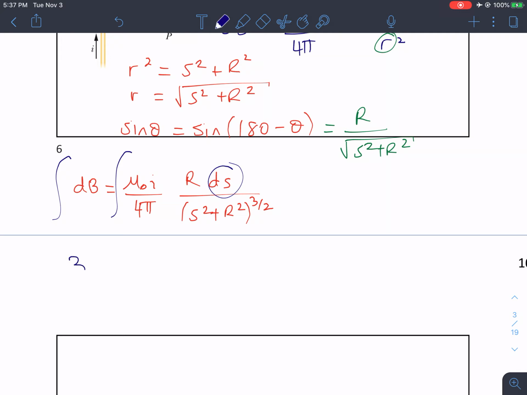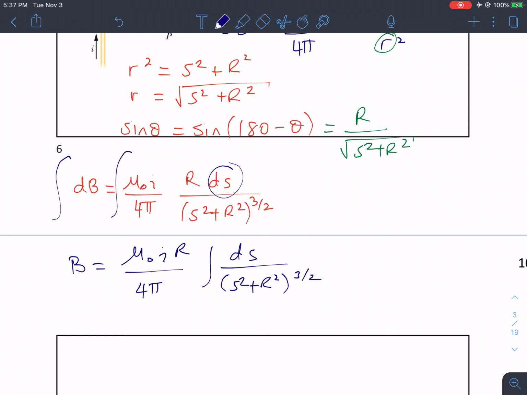The left side becomes B, and on the right side we can take the things that are constant out of the integral. So we're going to have mu naught I R over 4 pi, and then ds over s squared plus R squared to the 3/2.